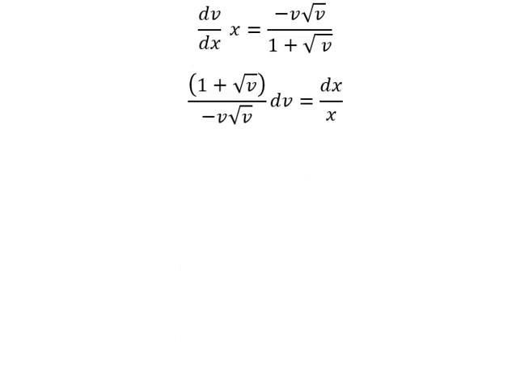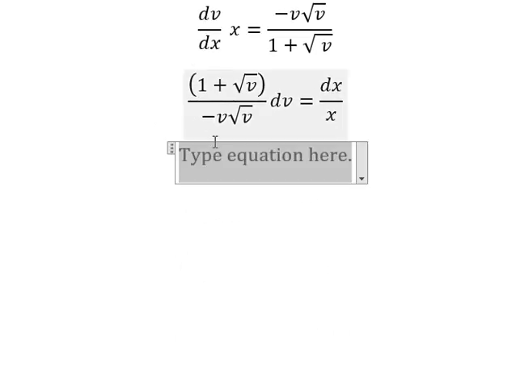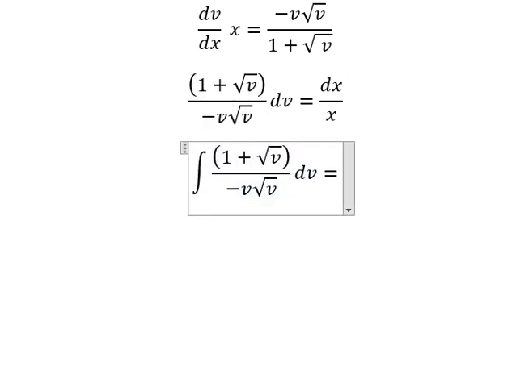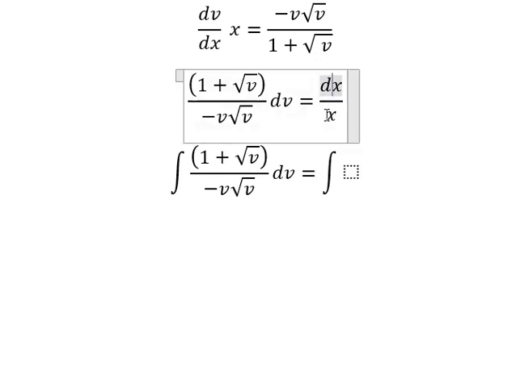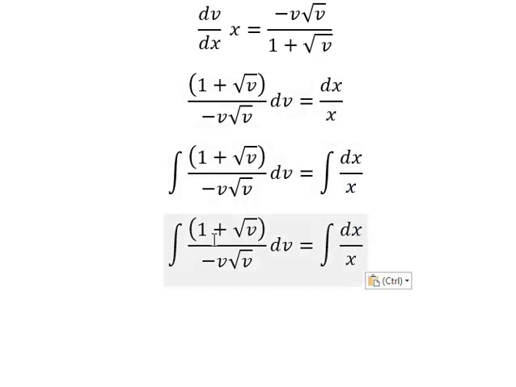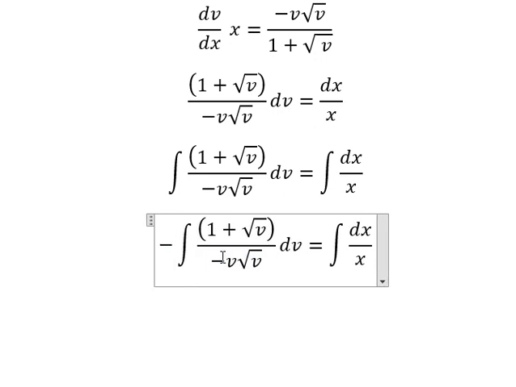Next, we need to do integration for both sides. Next, negative I will put in here. So this one we know that the square root of v is v to the power 1 over 2.